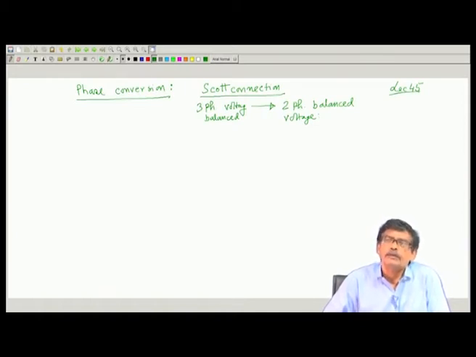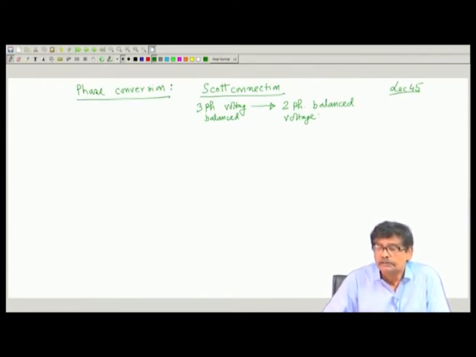For example, if you have a two phase induction motor, then you must supply the stator coils by a two phase supply instead of a three phase balanced supply, because the motor is two phase, and two phase induction motors are also used in control systems and other applications. Similarly, there may be two phase electric furnaces where two phase supply is necessary.